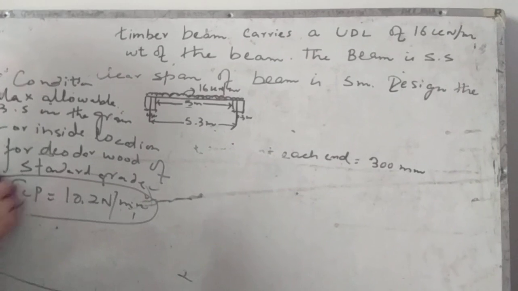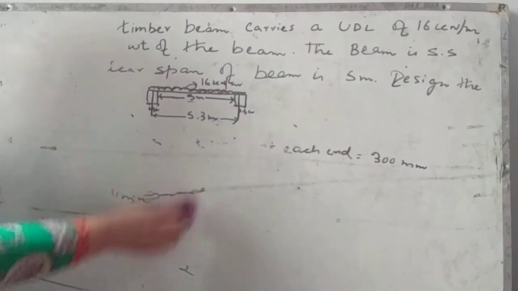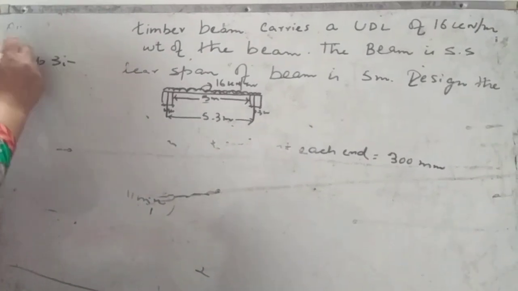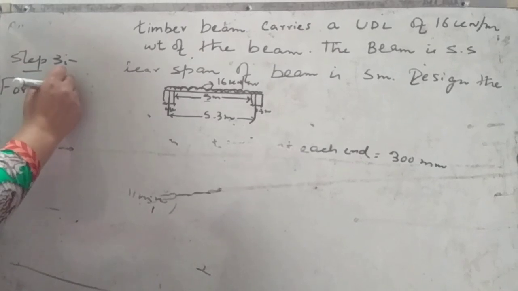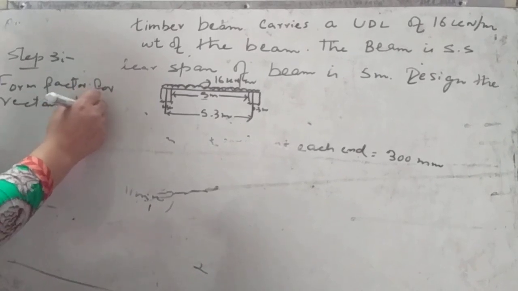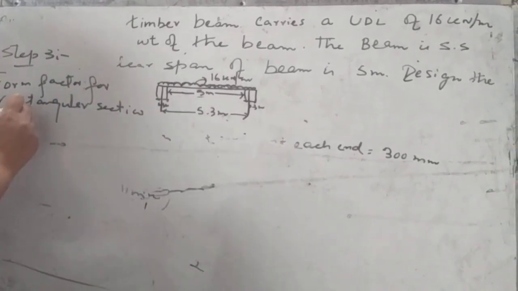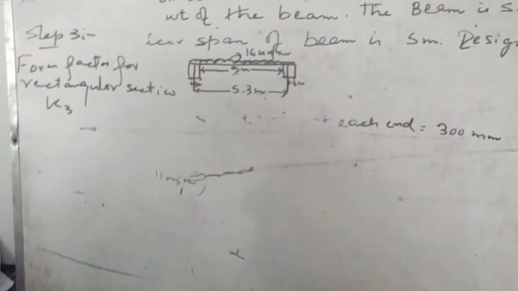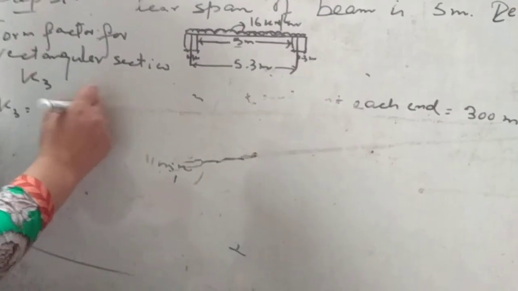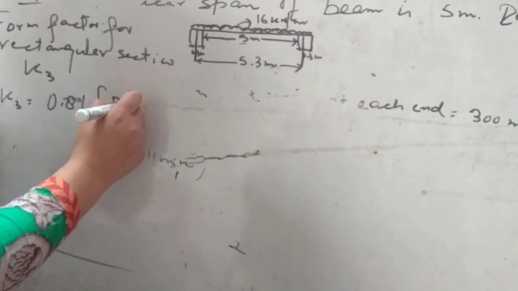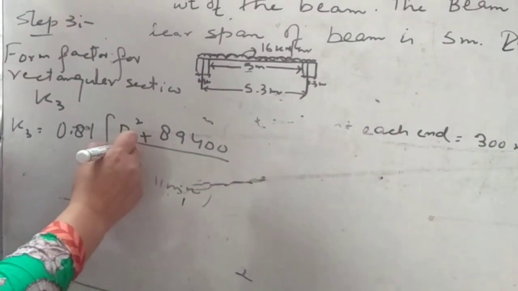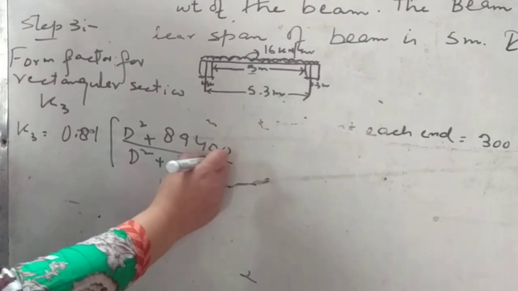Now step 3 is to determine the form factor for rectangular section. The form factor is designated by K3. So we have the formula for rectangular section as 0.81 d square plus 89400 by d square plus 55,000.